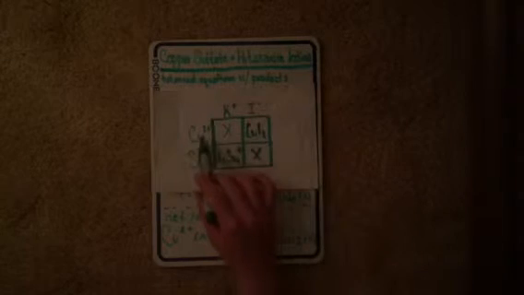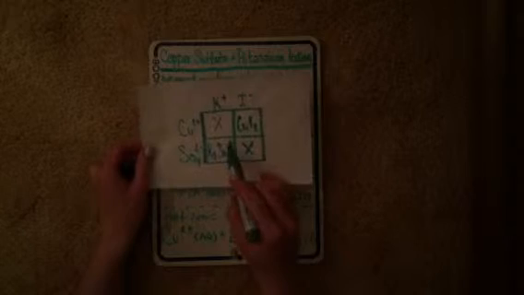The reason why I put a 2 behind the K is because we need 2 positives to make up for the 2 negatives. And then we do this one, which is CuI2. And we need 2 I's because that would give us 2 negatives to equal out this 2 positives, which would give us 0.